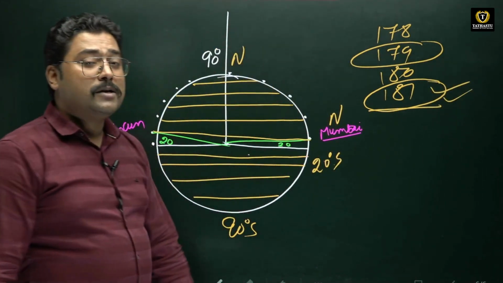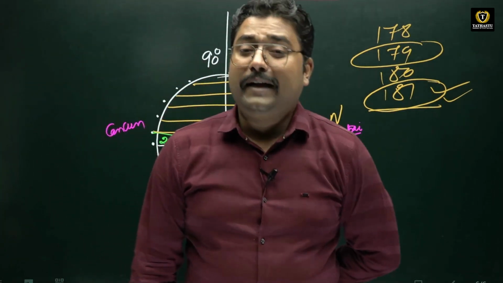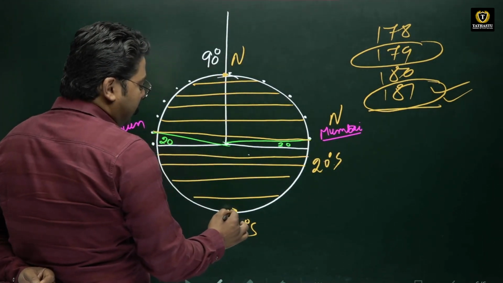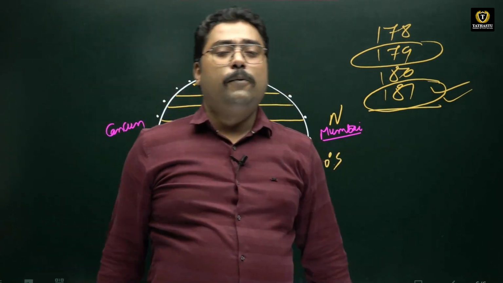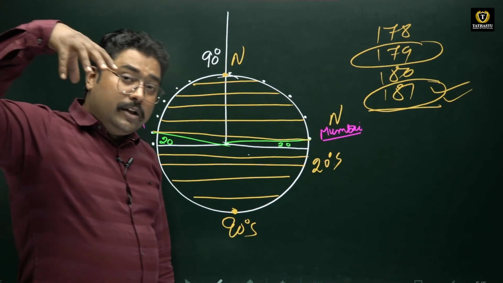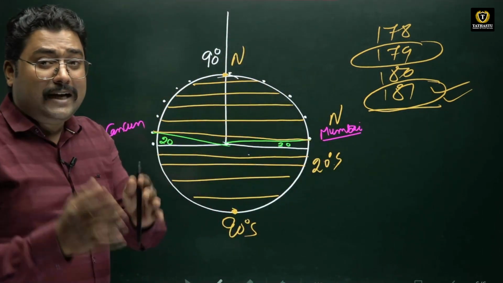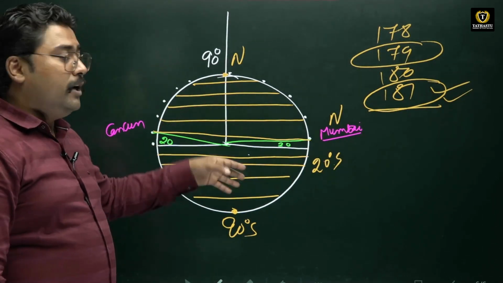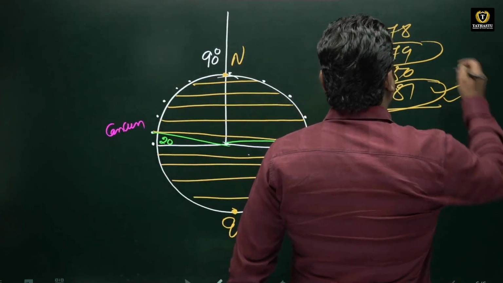Now those who have considered 179, they are wondering that, sir, 90 top and 90 bottom is a point, because when we are moving from equator towards pole, the area is shrinking and the smallest, or you can say the last part, the 90 degree, as they are concentric circles, it will be a point. So you are not including them, and when we will exclude 90 top and 90 bottom, it will be 179.